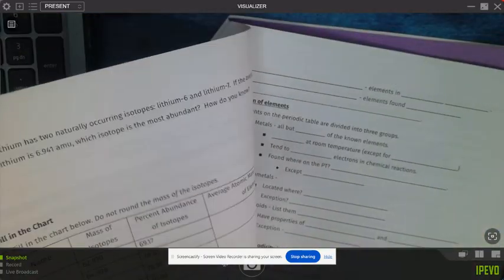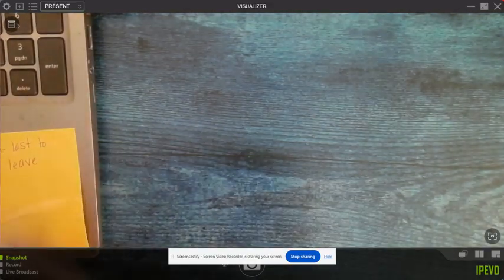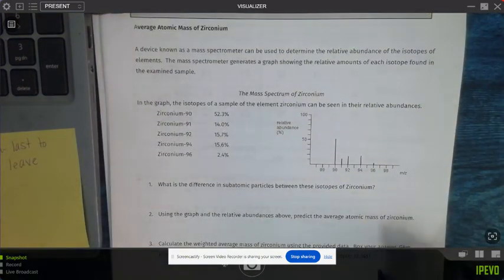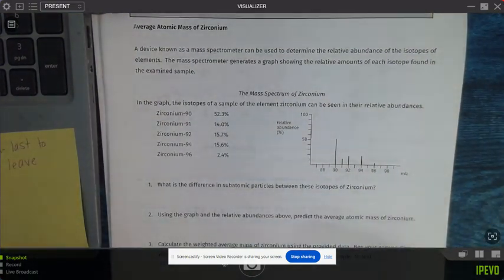I want to flip over. I want to show you what this means if we're thinking about it conceptually. This first question on page 11 kind of addresses that.